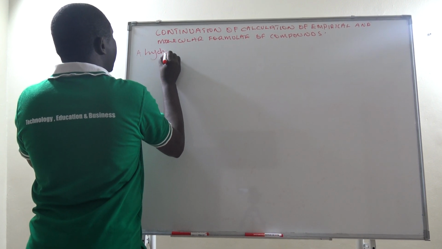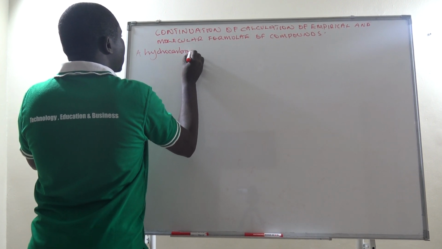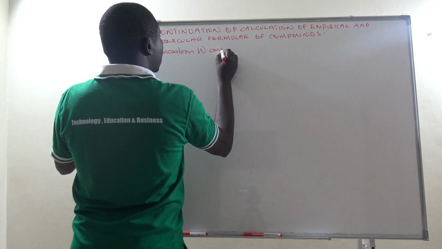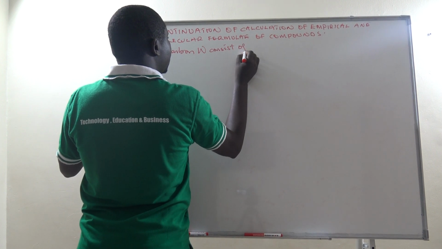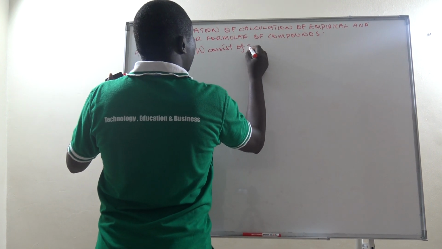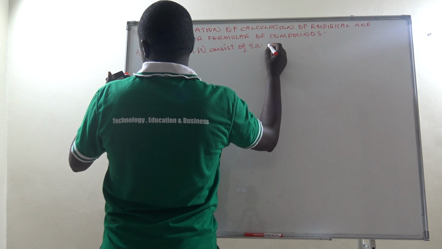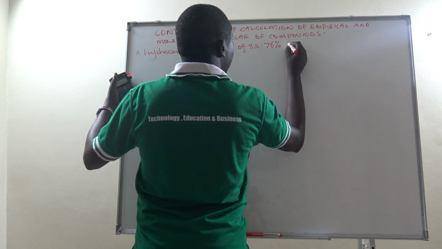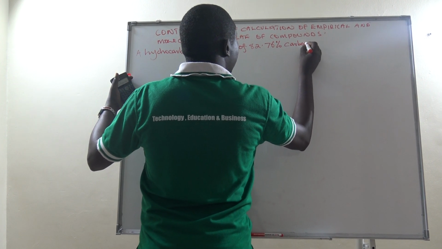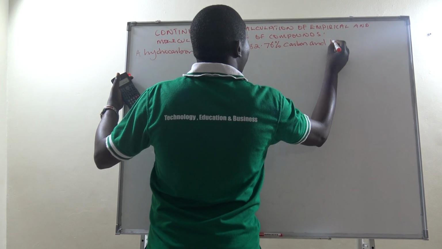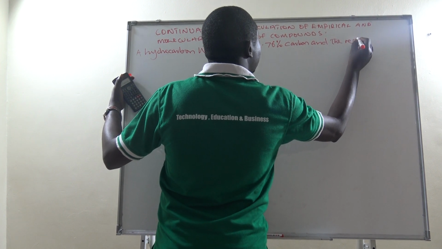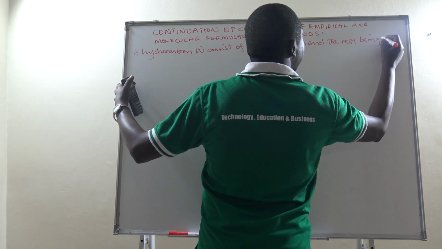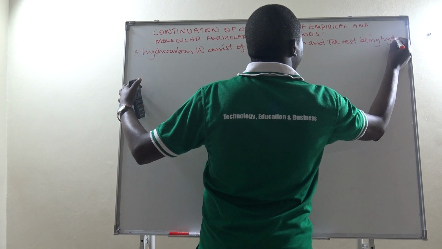A hydrocarbon W consists of 82.76% carbon and the rest being hydrogen.